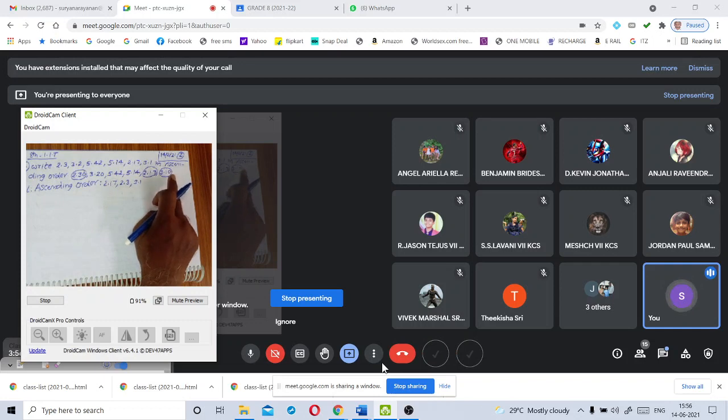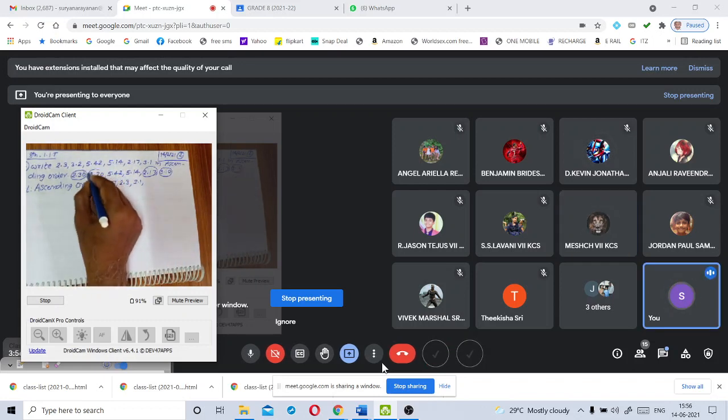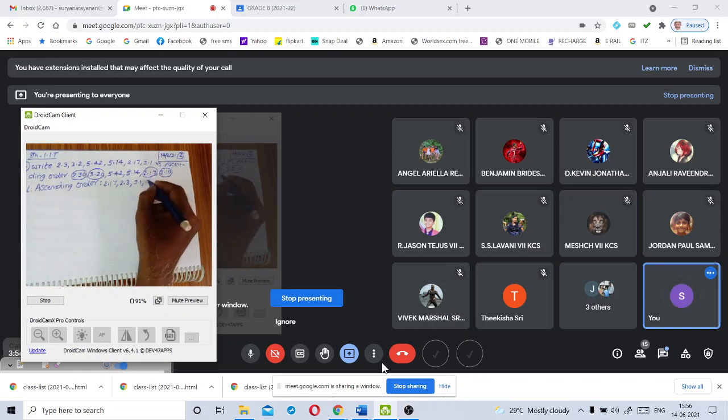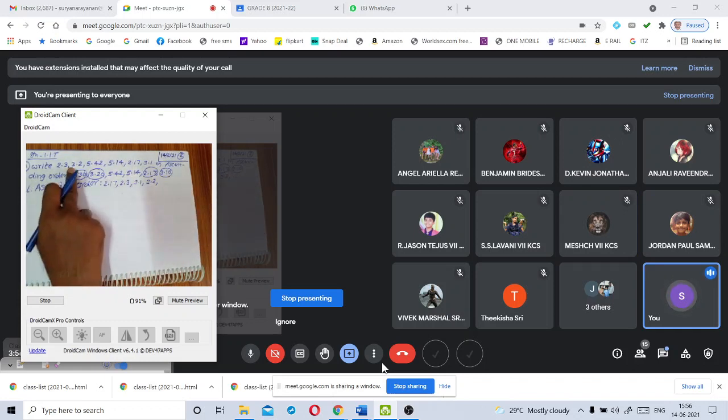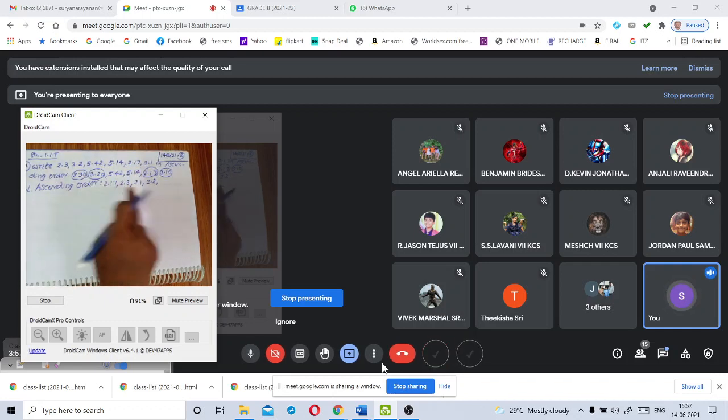We wrote 0 at the rightmost end. Okay. Next 3.1. Next, 3.20. Yes, 3.2. Not 3.20. It was not given in the question. We should write these numbers only. Only for our convenience, we wrote these numbers. Okay.